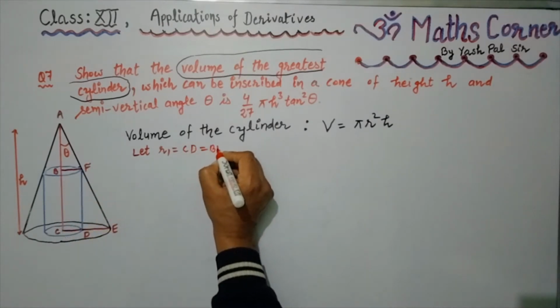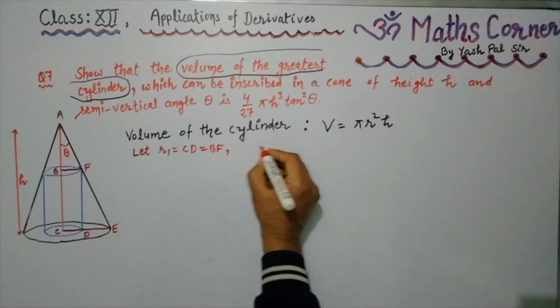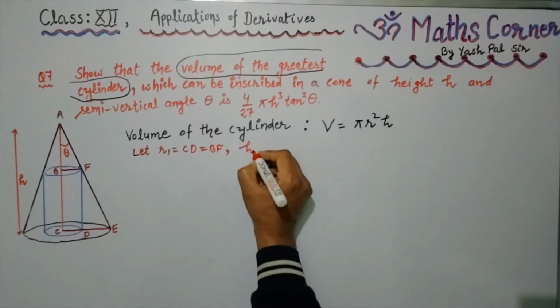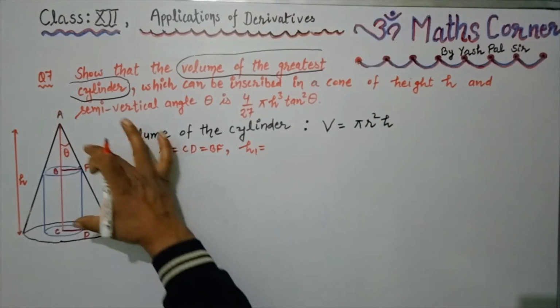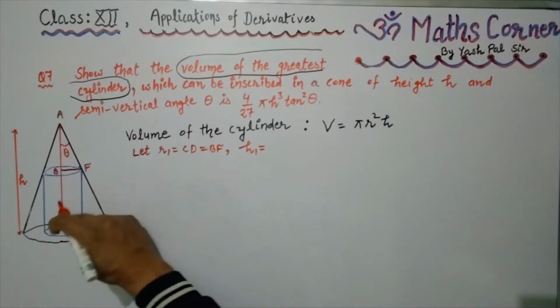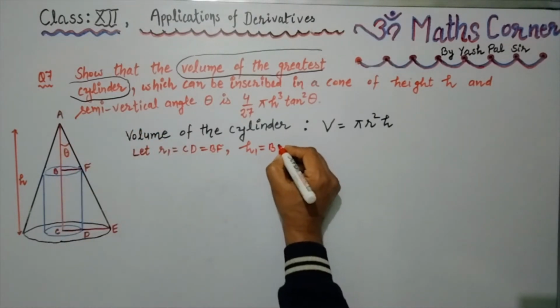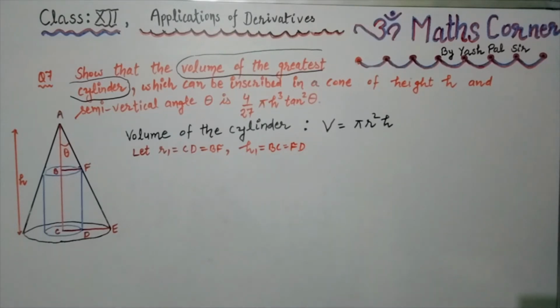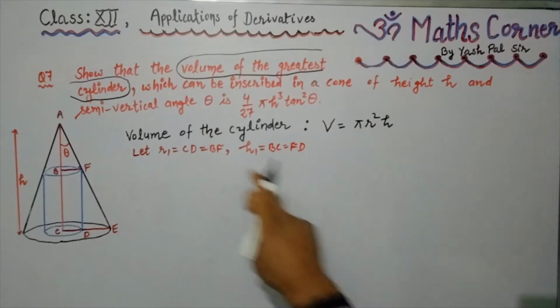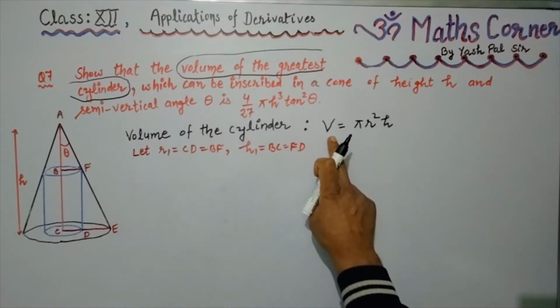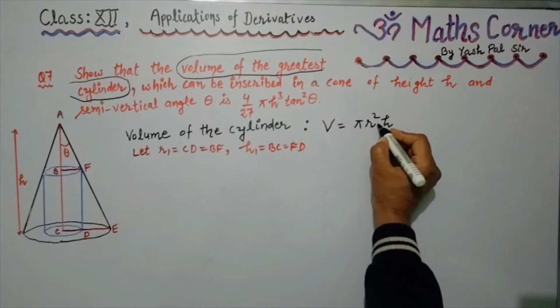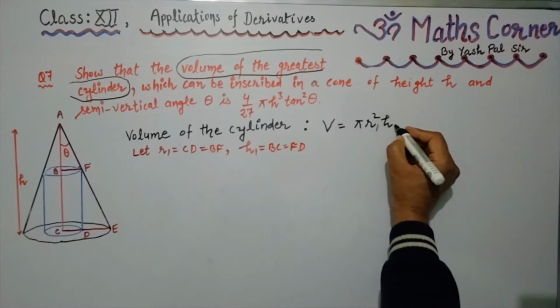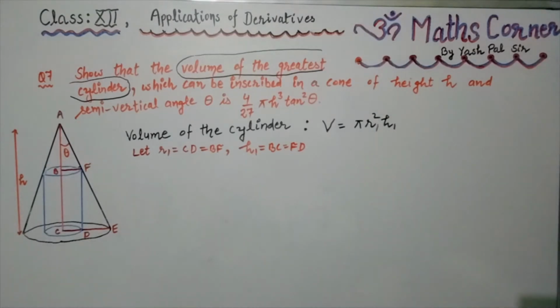Also this is equal to BF, and we take h1 as the height of the cylinder, that is BC, or to say FD. Right? Now volume of the cylinder becomes V is equal to pi r1 square into h1.